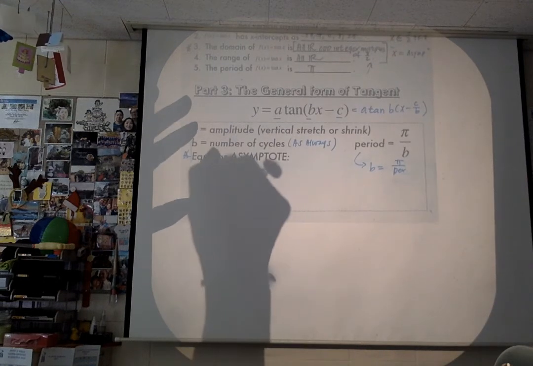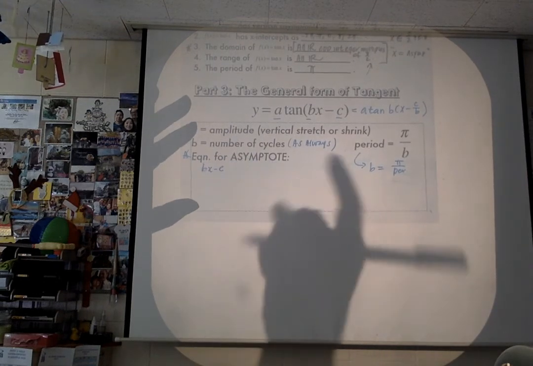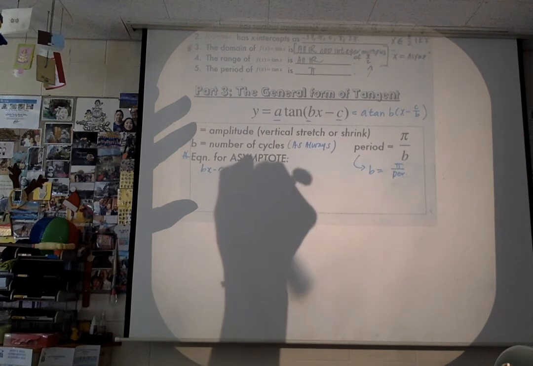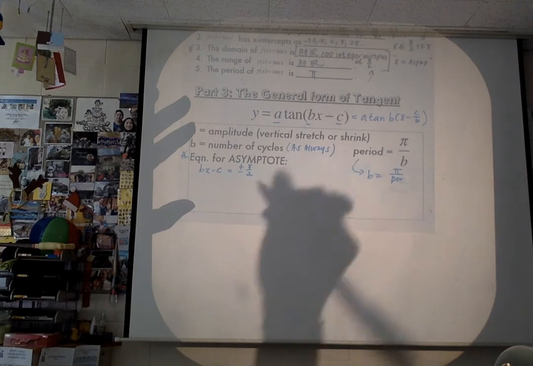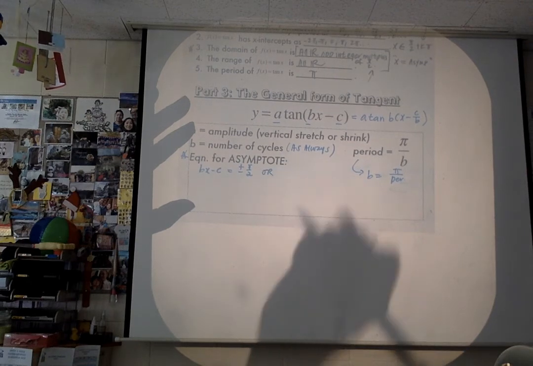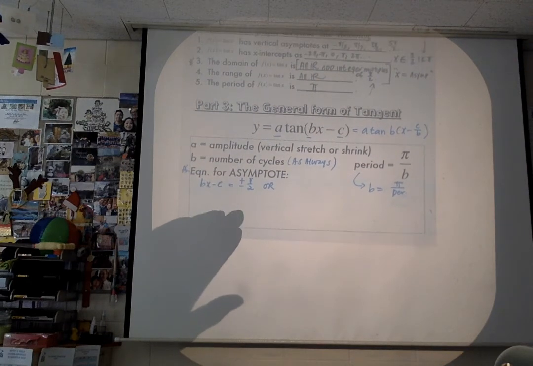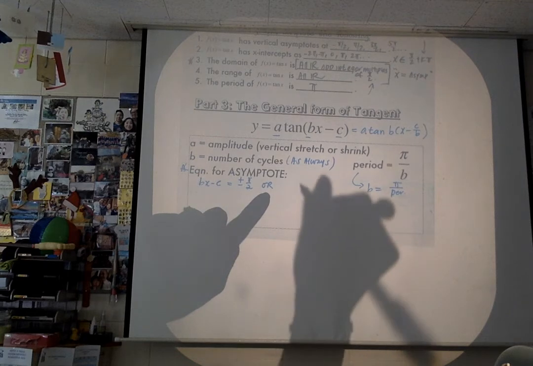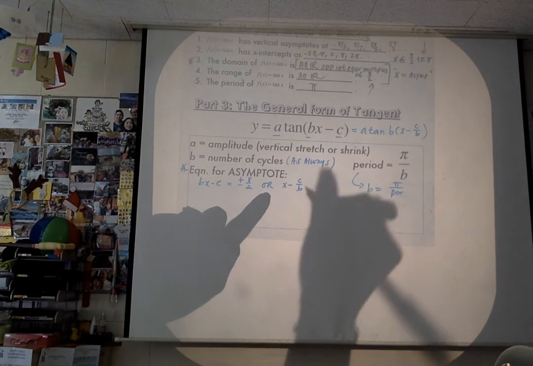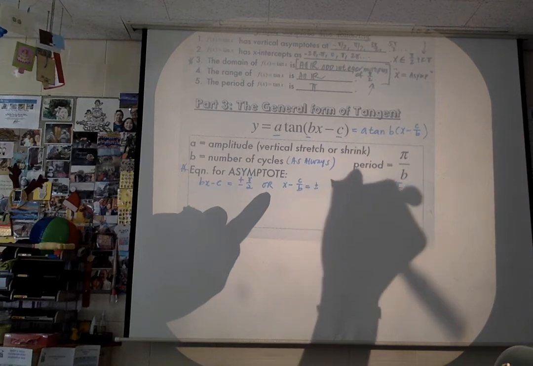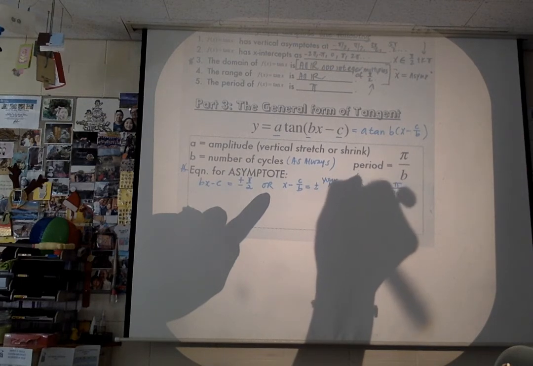So there's two ways to write this. Bx minus C, which comes from that form, phase shift, is equal to plus or negative pi over 2. Same with the other guys, sine and cosine, we do it the same kind of way. Or we could do x minus C over B, which is a simplified version after the B's been factored out, is equal to plus or negative your period over 2.